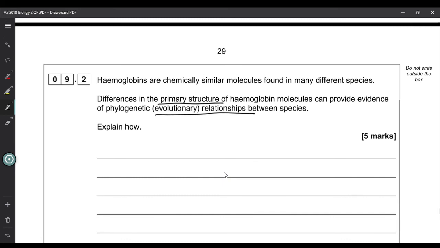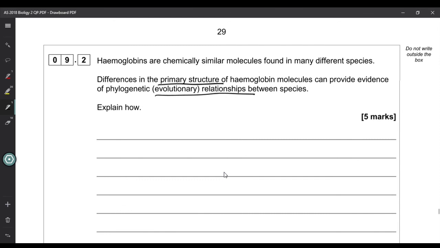Now, over 50% of students got 0 marks for this question, and some students concentrated on the tertiary and quaternary structure of hemoglobin rather than the primary structure that was asked for in the question. And remember, the primary structure is the sequence of amino acids.